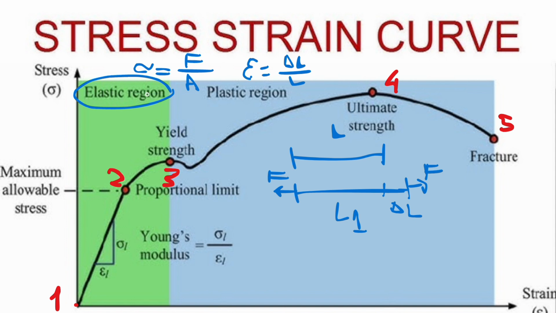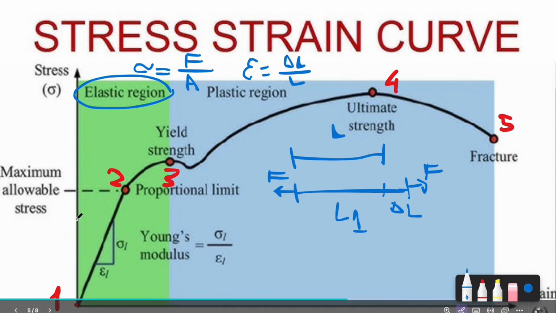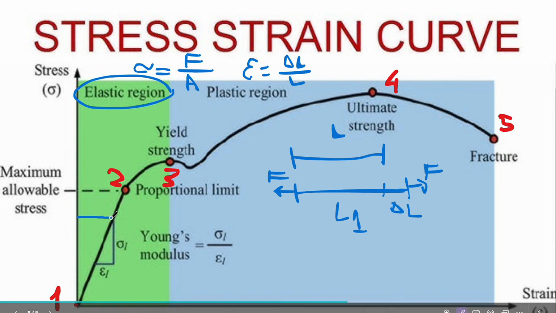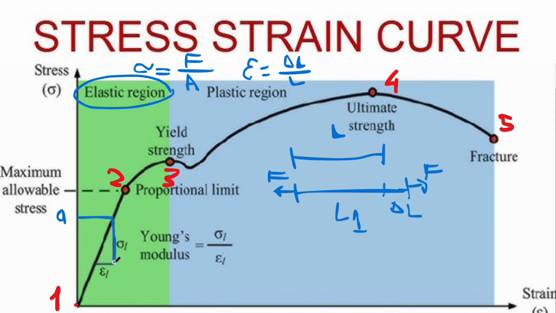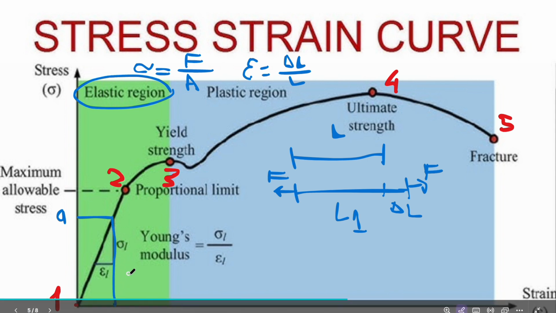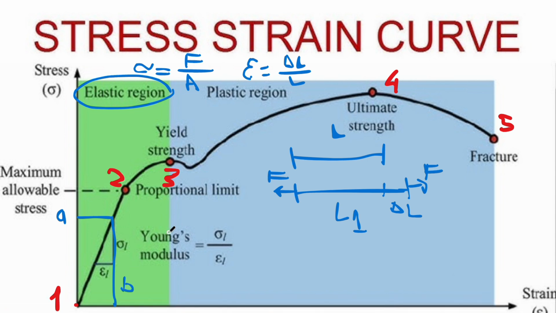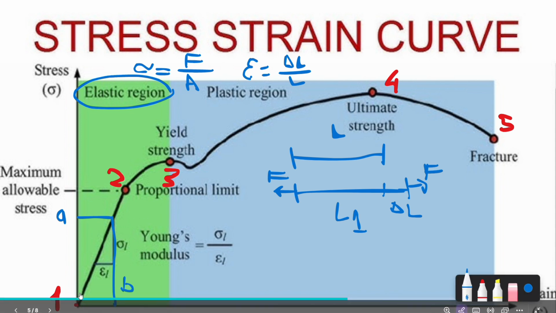When I apply the stress at A here, we also have strain B. You can see this is the Young modulus from number 1 to number 2.